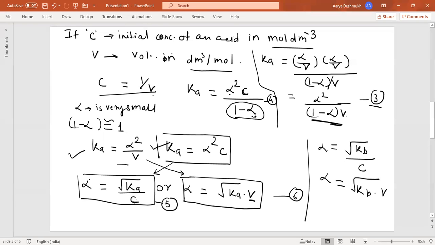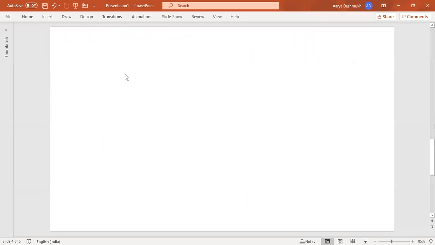If I write all the 4 equations: Number 1, alpha equals percent dissociation divided by 100.